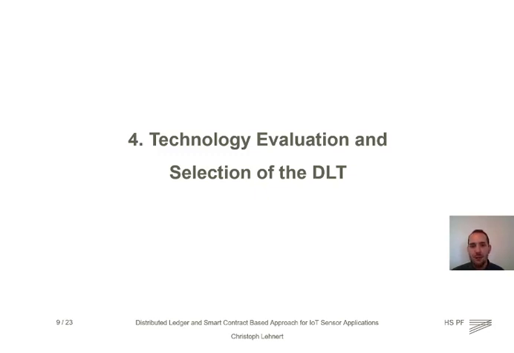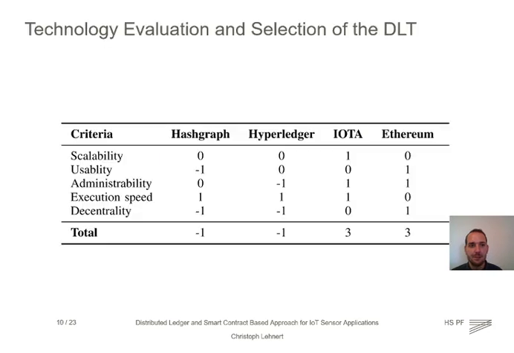These are Hashgraph, Hyperledger, Ethereum, and IOTA. At the same time, with this pre-selection, also different technological implementations of a distributed ledger technology like Tangle, Hashgraph, or blockchain are considered.